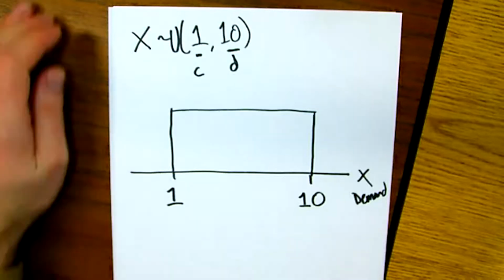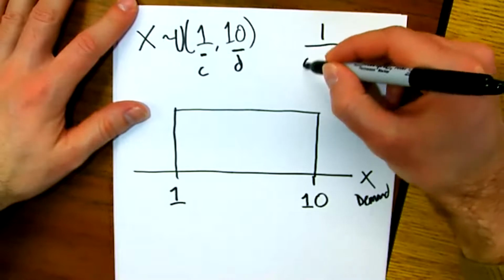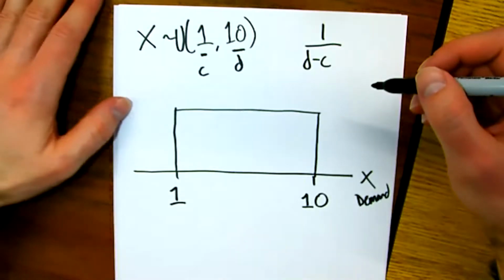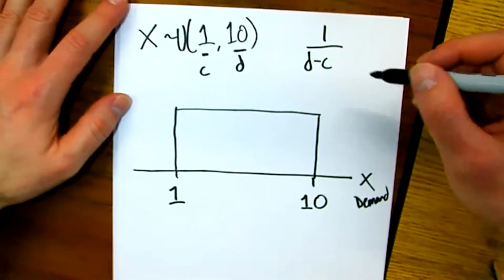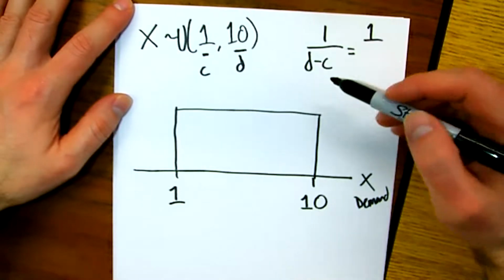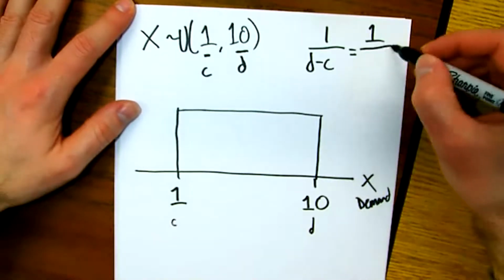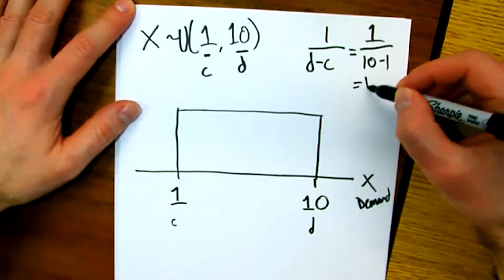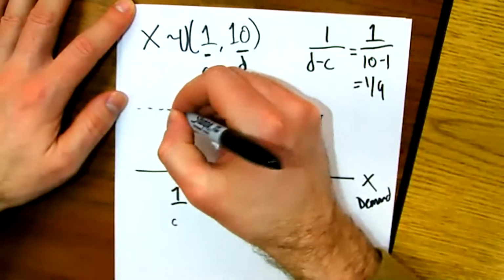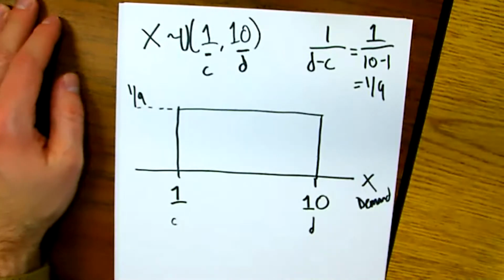Okay? So the very first thing I would do in these uniform distribution problems is use that probability density function to find the height of this uniform distribution. Here for us, that would just be 1 over, remember D and C are just the maximum and the minimum, so 1 over the range, or 1 over 10 minus 1, is 1/9. So we can think of the height of this distribution as 1/9.